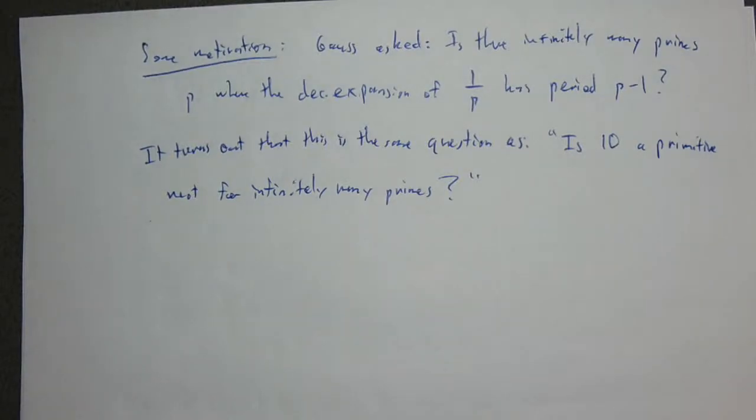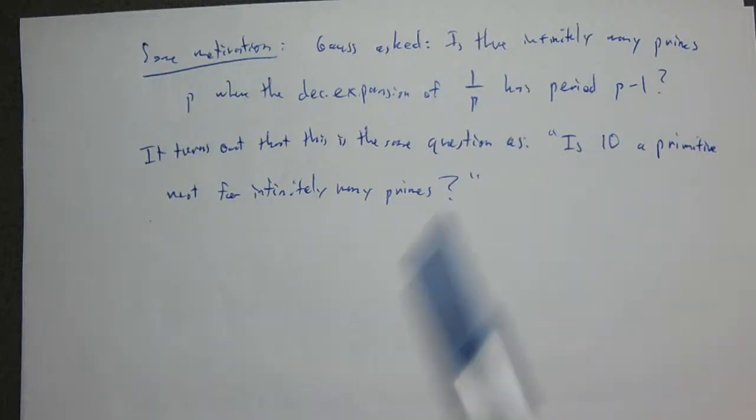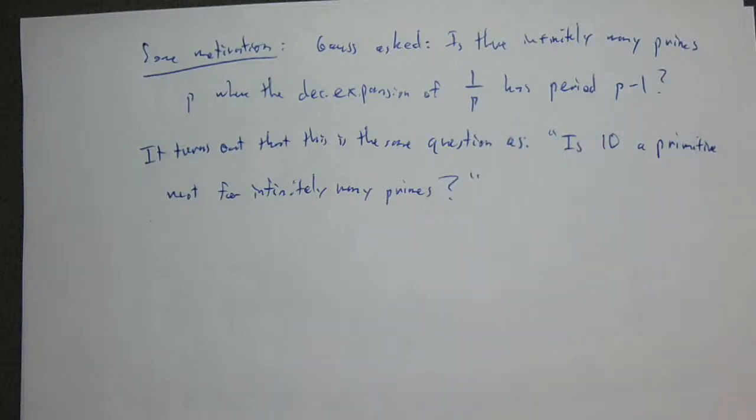Okay. And so this original question asked by Gauss, phrased in terms of decimal expansions of some given fraction, 1 over p, having a certain period, that is actually related to this earlier question we asked about some given integer being a primitive root for infinitely many primes. Okay.